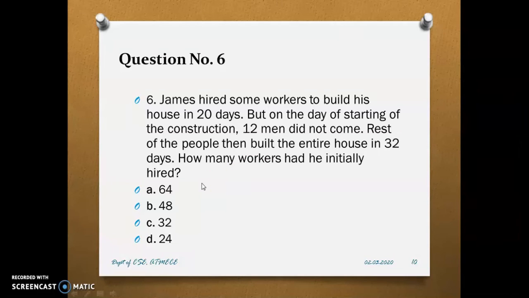So the formula is M1 D1 T1 W2 is equal to M2 D2 T2 W1. That is, M stands for men, D stands for days, T for time or hours, W stands for work.